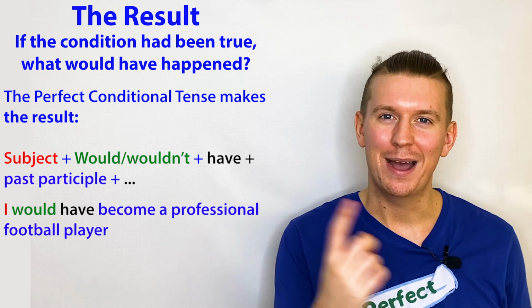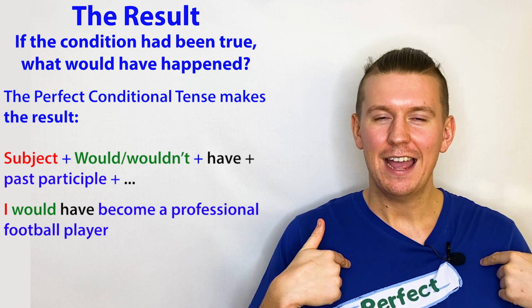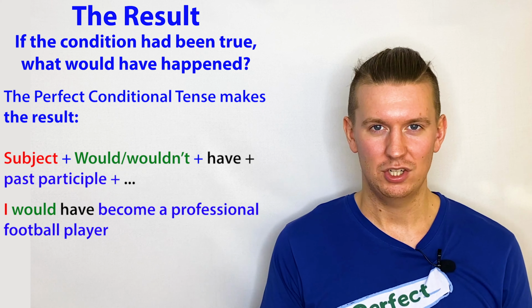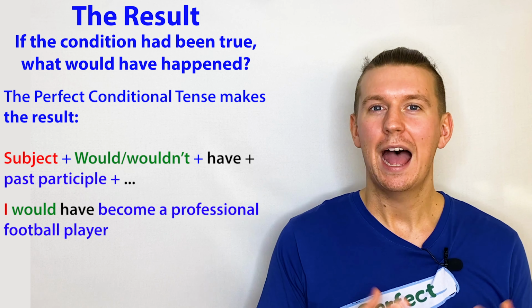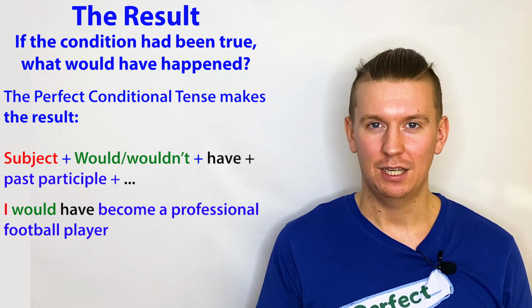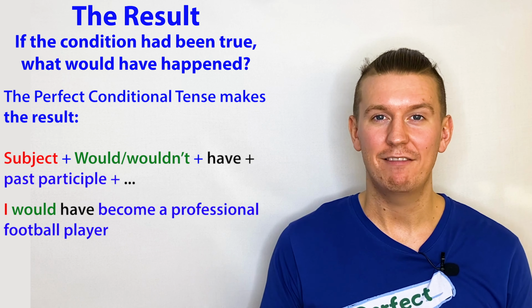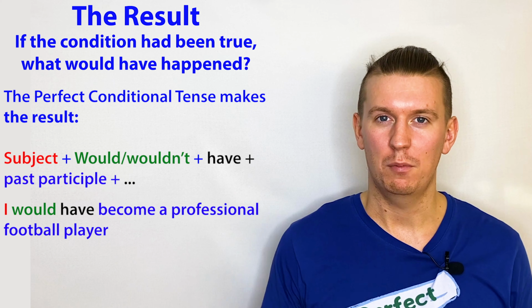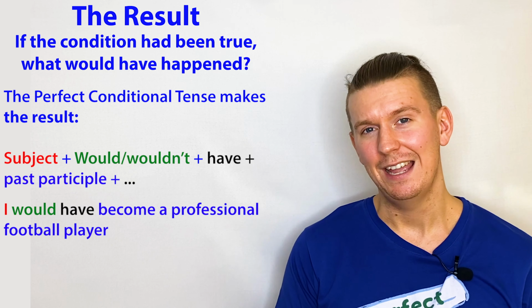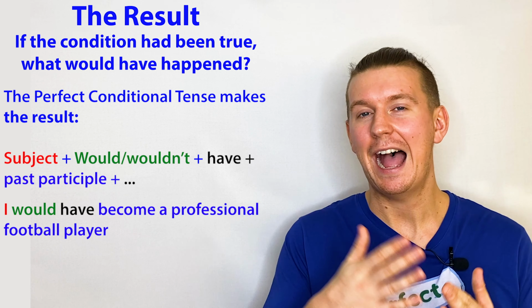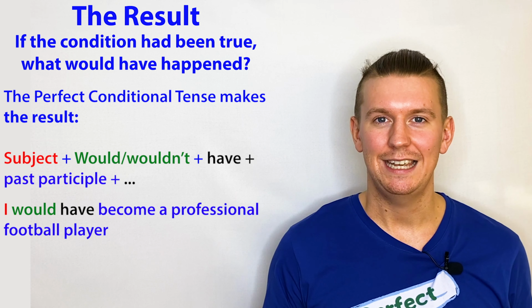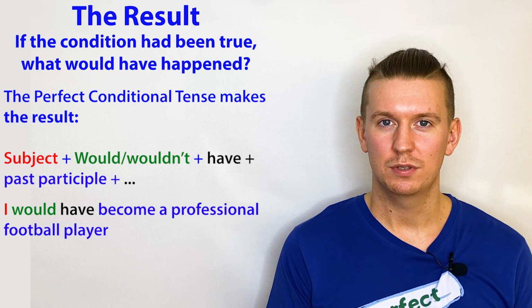So back to my example again. If I had practiced more, the condition, the result, I would have become a professional footballer. I would have become a professional football player. So in the result, the second bit after the comma, you can see the parts that make the result.